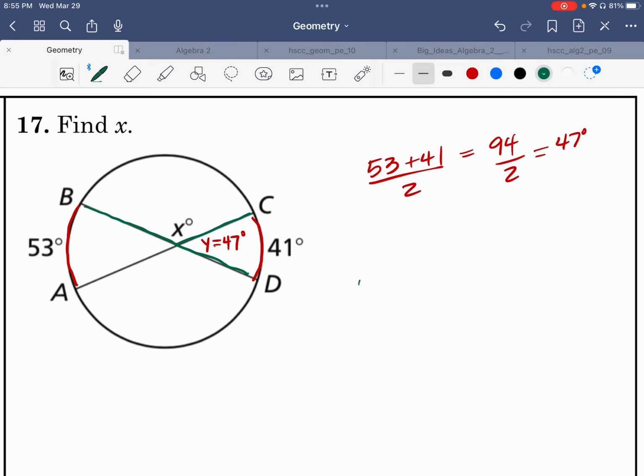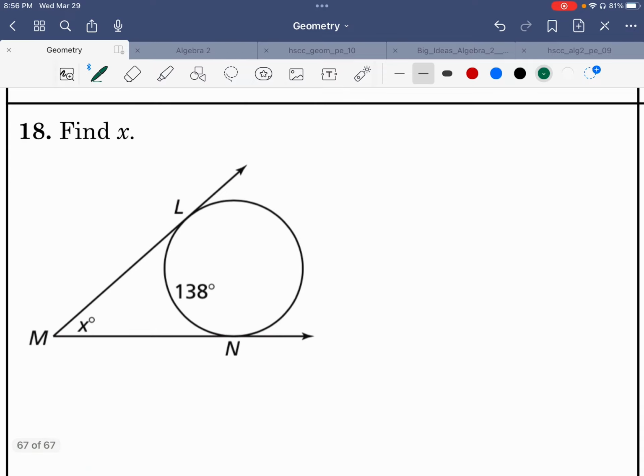So to find x, we take the 47 that we found, subtract it from 180, and we get 133. So x is 133 degrees. While it is a little more complex because you're not directly finding x, you can find it. You just have to take a roundabout technique.